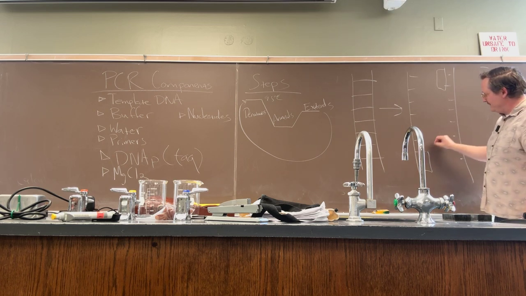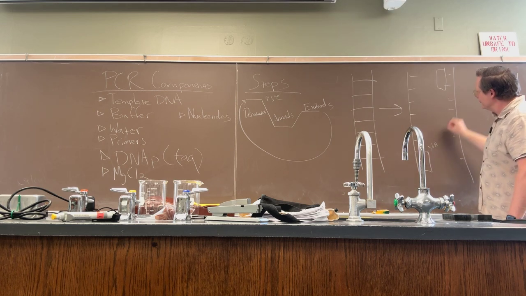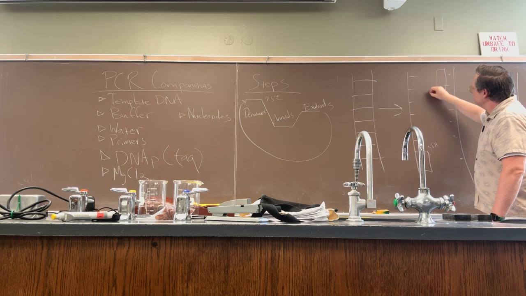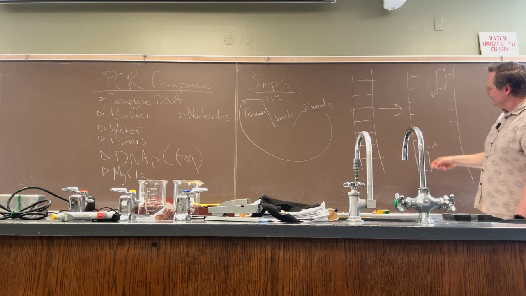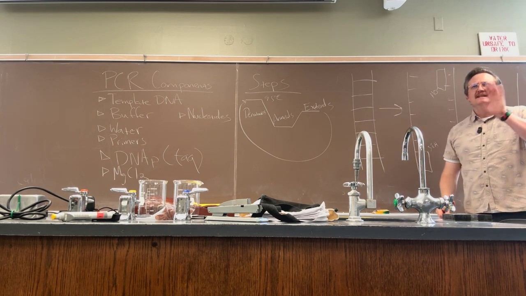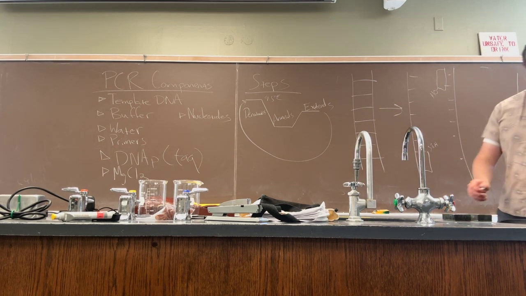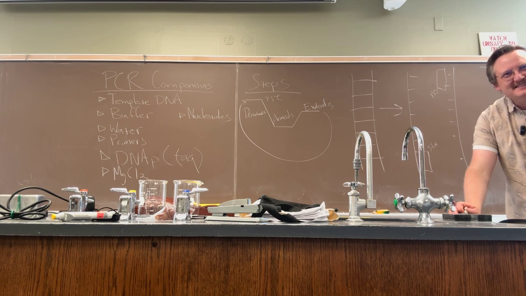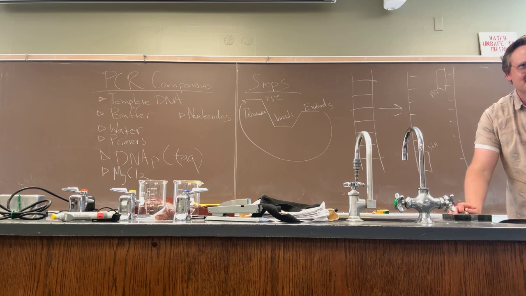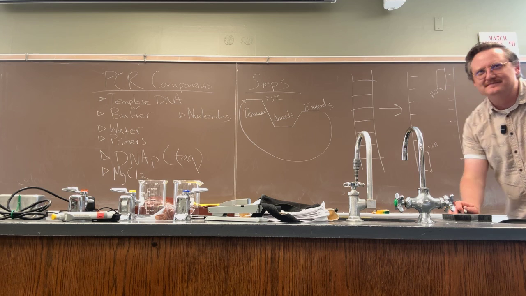That's going to provide a 3' hydroxyl group so that the Taq polymerase can attach. And yeah, they're not necessarily RNA primers in PCR. I'm just going to say primers to make our lives a little easier.